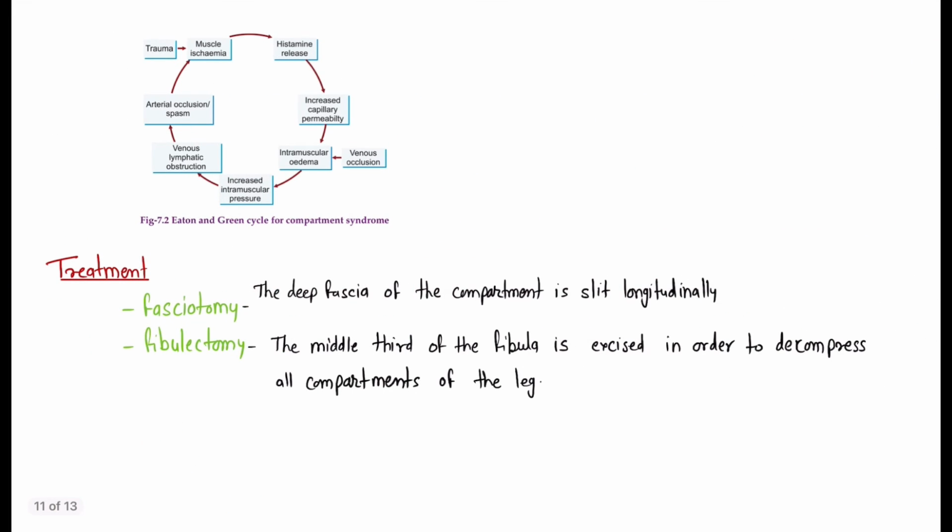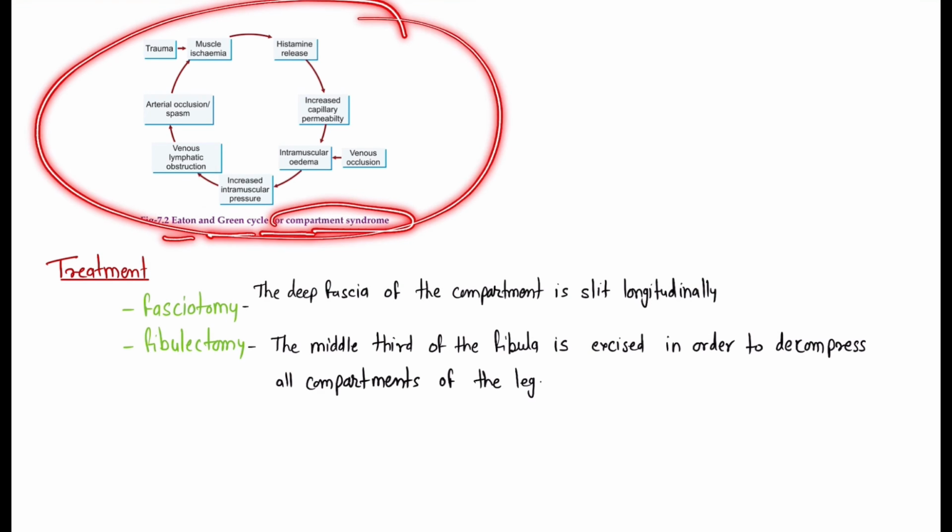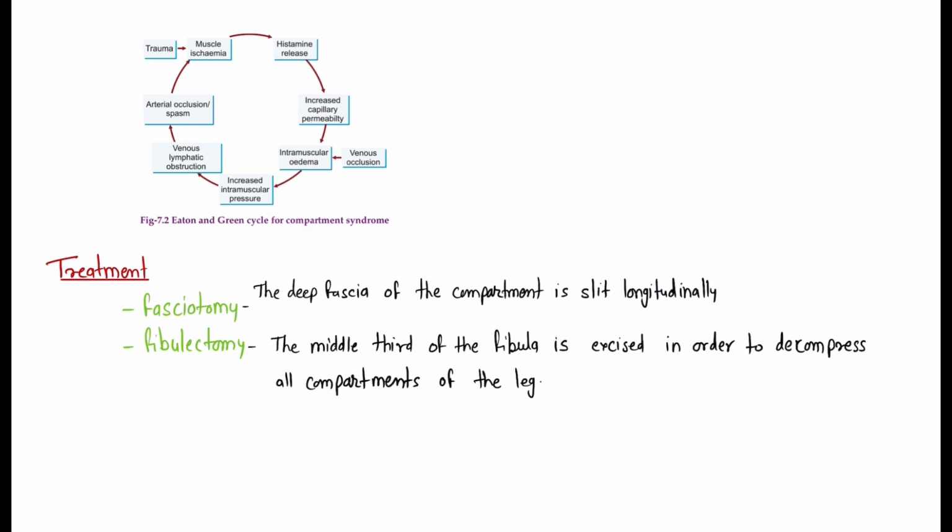Then this is the cycle which takes place in compartment syndrome, that is the Eaton and Green cycle of compartment syndrome, which I have taken from Maheshwari. Then what will be the treatment for compartment syndrome?